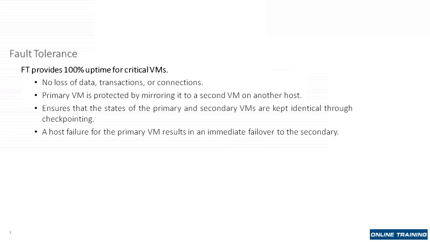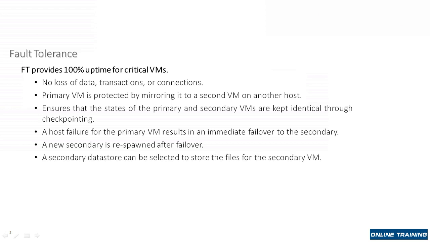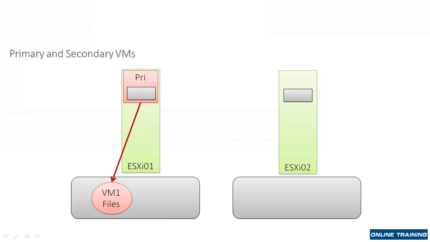So if a host fails, the primary VM will immediately fail over to the secondary VM, right? And then a new secondary will be spawned to re-protect that virtual machine, just in case there's another failure that occurs after that. And we can even place the secondary VM at a different data store to provide an additional level of protection.